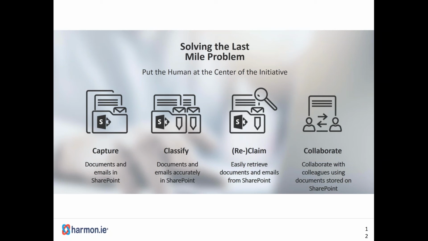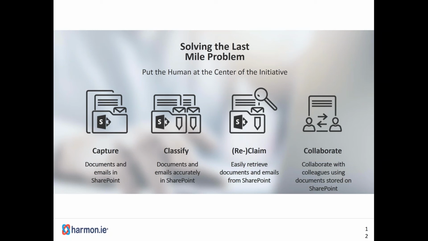And lastly, the last C is collaboration, and that's all about working through work processes like invoicing, project management, knowledge management, dealing with, again, freedom of information. It typically involves many people who need to touch documents and emails.